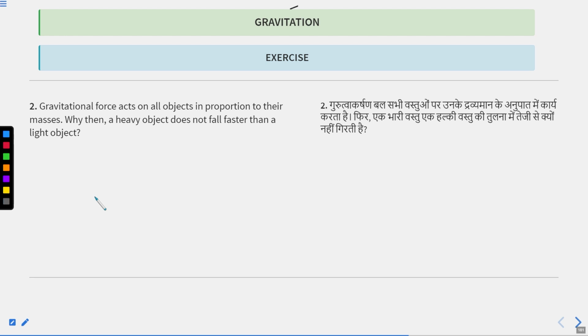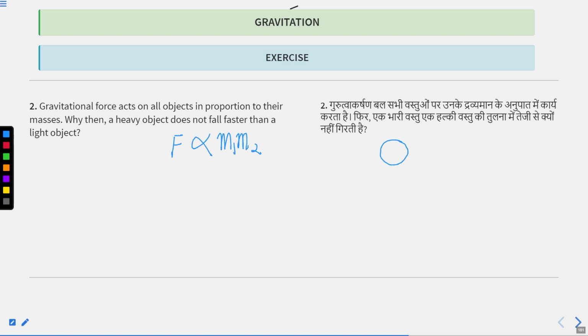Gravitational force acts on all objects in proportion to their mass. Why then do heavier objects not fall faster than lighter objects? We know that the gravitational force is directly proportional to the product of the masses.